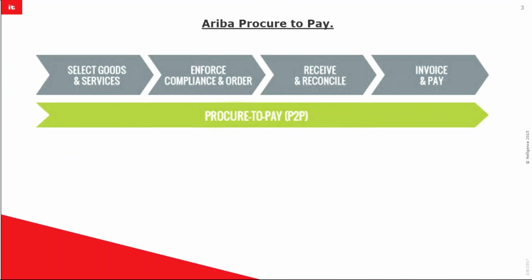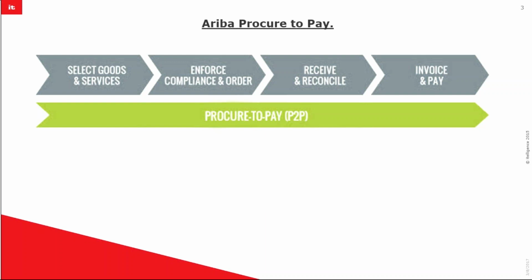So this is a standard procurement process in Ariba. Not only in Ariba, in any e-procurement process, this is standard. We select goods or services from the catalog, and we let it go for approval flow. Once we select, that is nothing but a requisition. Once we request goods or services, we let it go for approvals.